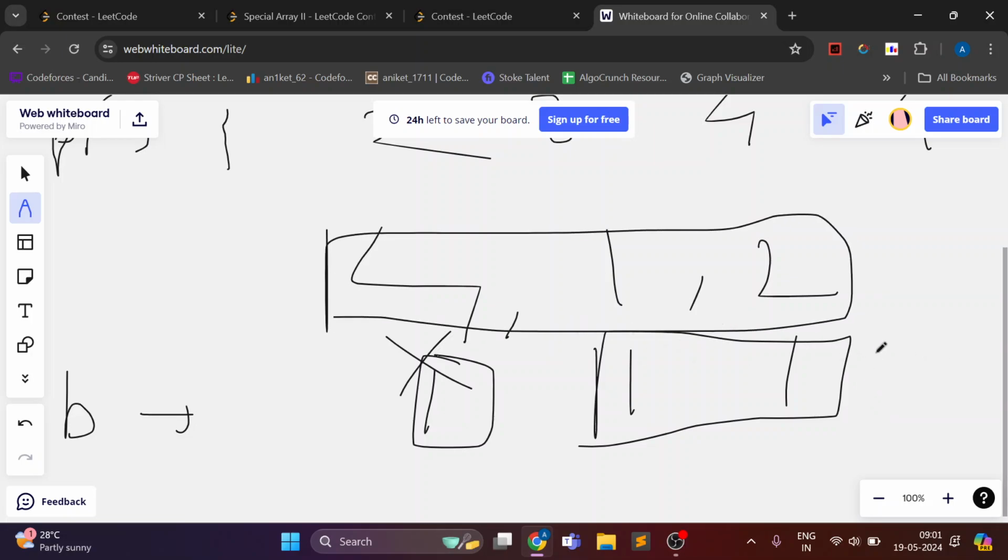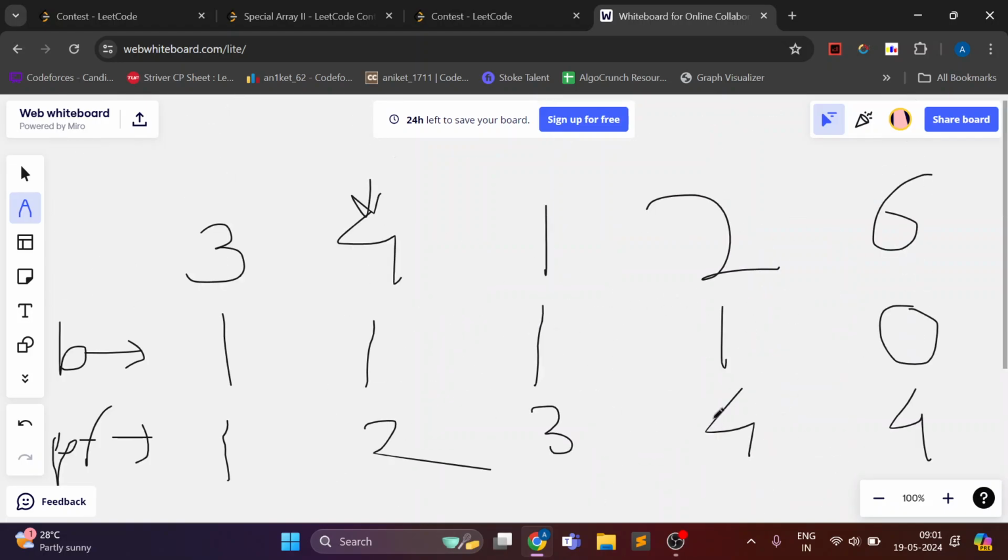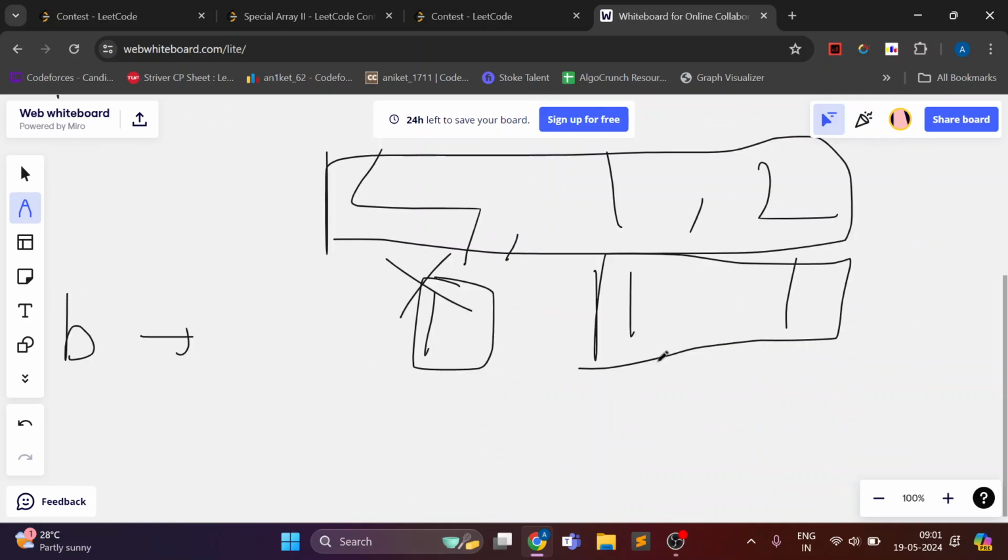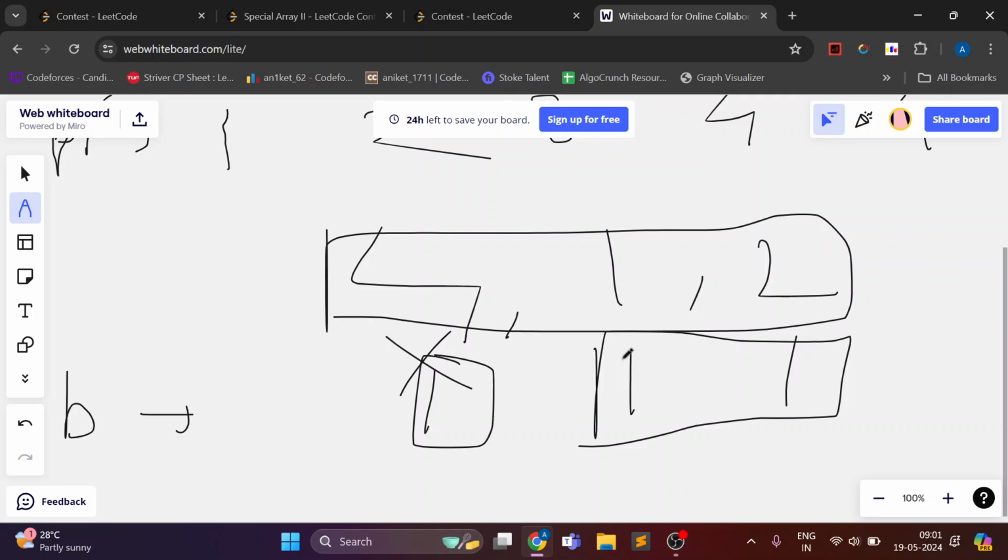Now how to check that all of them are 1? To check that, we can simply check the prefix sum of the subarray. If all the elements in the subarray are equal to 1, then the prefix sum of the subarray should be equal to the length of the subarray.